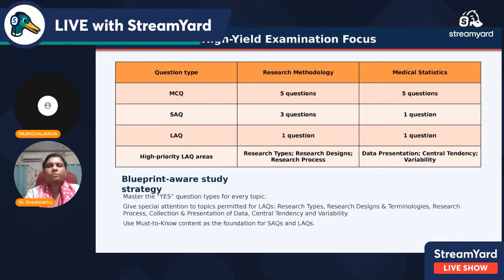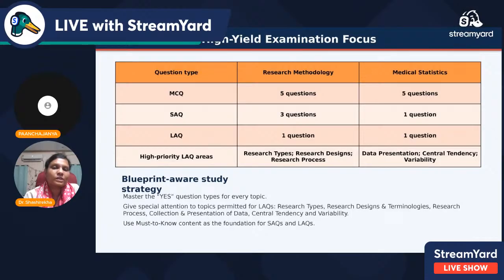Fine. So this is what I have explained to you previously. The high priority area will be LAQ. Usually you have to concentrate on research types, research designs, and the research process in the research methodology topic. So remember this: research types, research ethics, research design, research process.